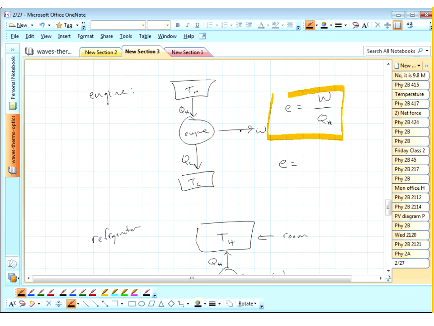We know from conservation of energy what goes into the engine must come out, right? Q hot is going in, and coming out is W plus Q cold. So we can rewrite this as Q hot minus Q cold over Q hot. And we can rewrite that as 1 minus Q cold over Q hot. Right? Those are all equivalent.